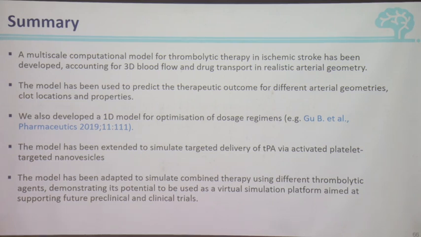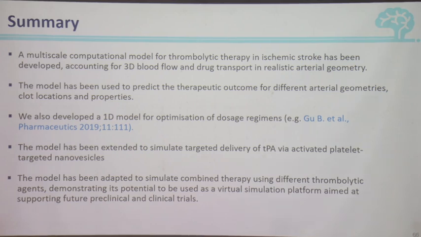And I've shown you that the model has been used to predict the therapeutic outcome for different arterial geometries, and to show how the clot location and clot properties might affect the lysis performance. And in order to help optimize the dosage, we've developed a 1D model. It's a reduced order model of the same thing, because the three-dimensional model takes a long time to simulate.